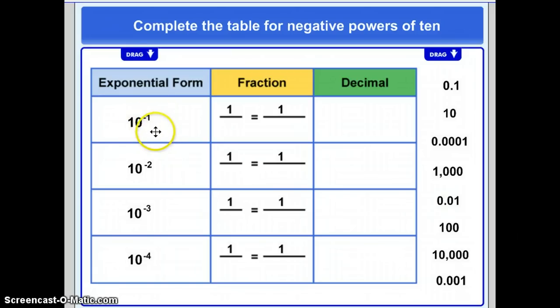Okay, we went over this today in class, but just to review, whenever you see a negative exponent, that lets you know you are going to have a decimal or a fraction. So for 10 to the negative first, we write the reciprocal, and we get 1 over 10 to the first.